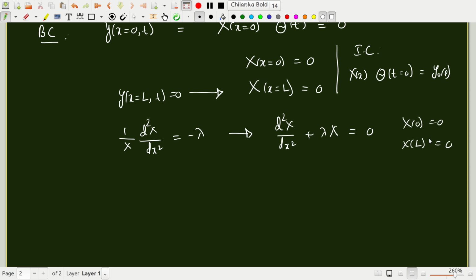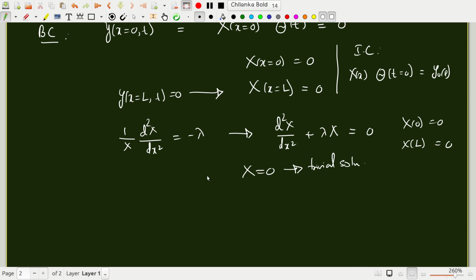Okay, now obviously this is a homogeneous equation with homogeneous boundary conditions, so there is always a homogeneous solution: capital X being 0 is always a solution that satisfies both the differential equation and the boundary conditions. But that is only what is called the trivial solution.